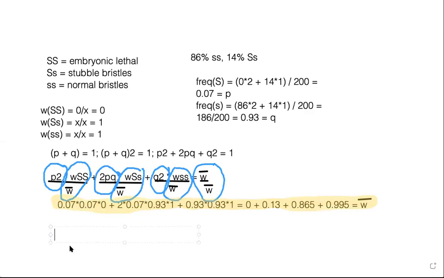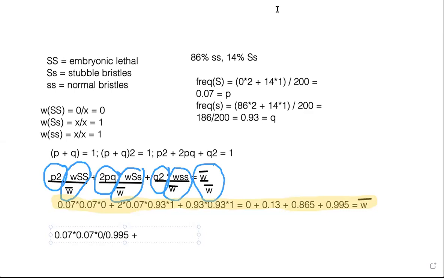And so what we get is 0.07 times 0.07, plus 0.07 times 0.07 times 0 divided by 0.995. That's going to be the frequency of big S flies after 1 generation.